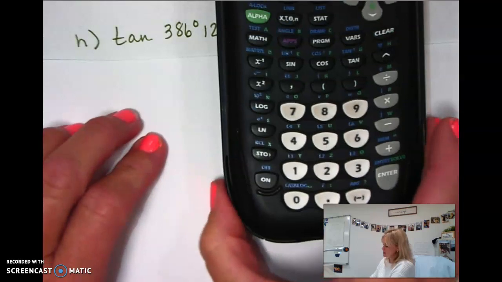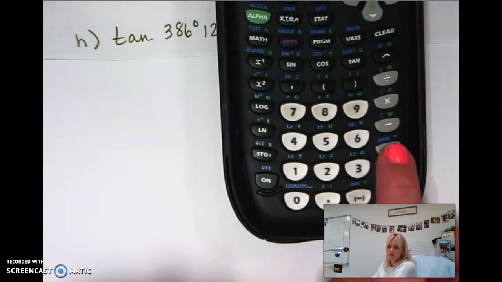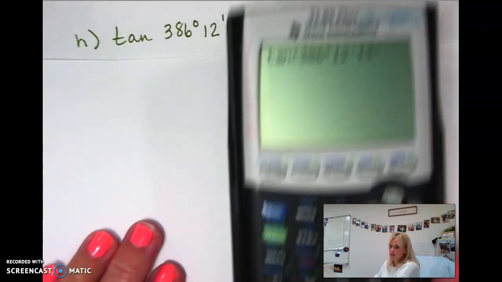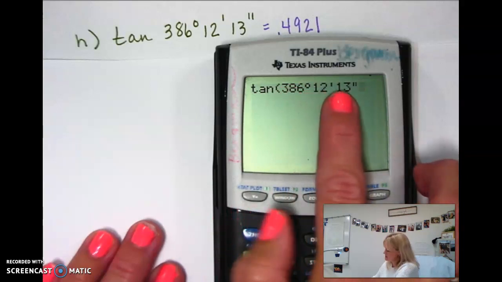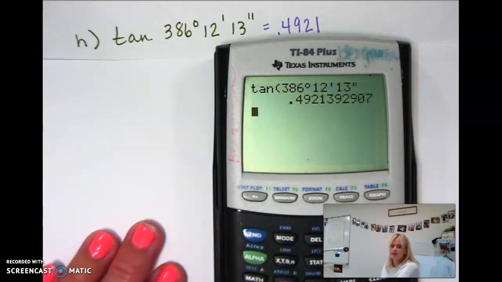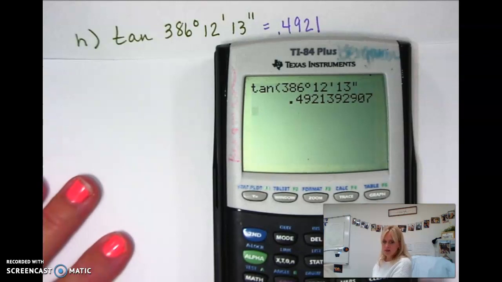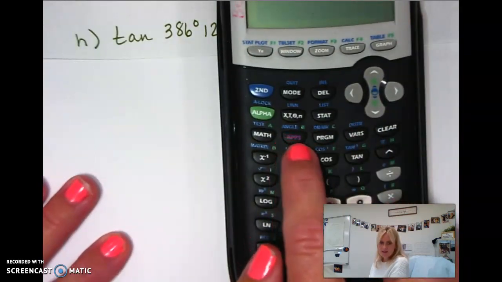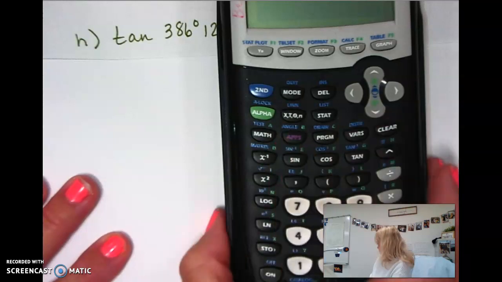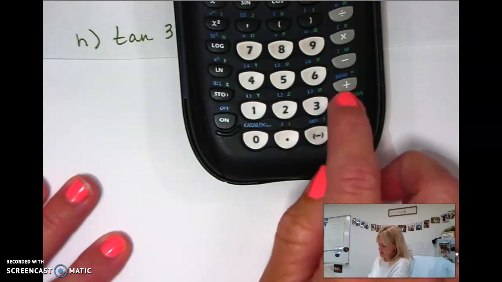So you actually have to hit the green key for anything you want in green and the plus sign. And when you do that, you should have degrees, minutes, and seconds. And then when I hit enter, I get 0.4921. So again, a couple important keys on your calculator now is this blue angle key right above the apps and this green key right above the plus sign.